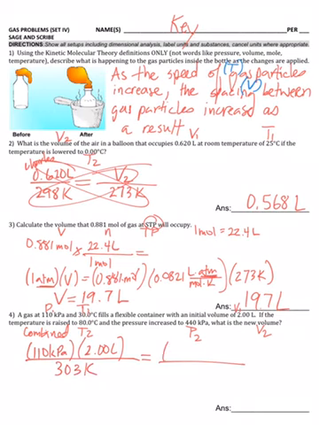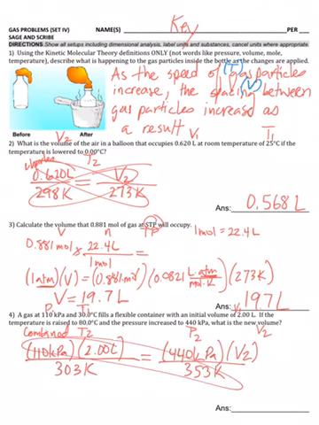P2 is 440 kPa. V2 is our unknown, so we're going to put V2. And then T2 is 80 degrees plus 273, which is 353 Kelvin units. Once again, you cross multiply and solve for V2, which ends up being 0.583 liters.